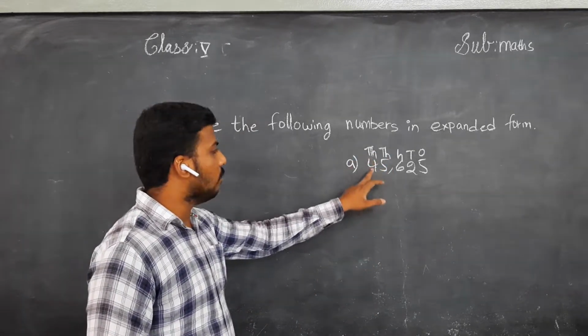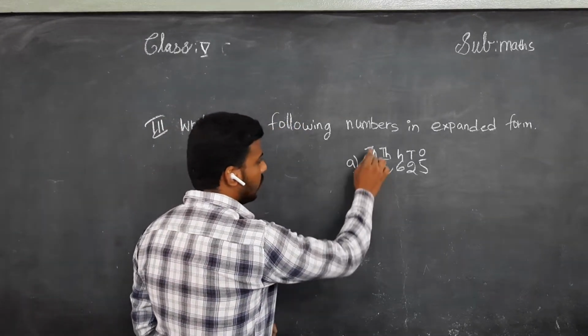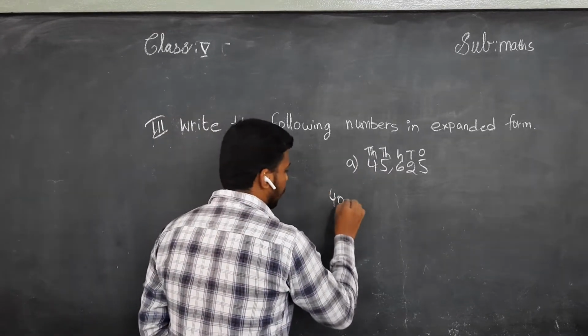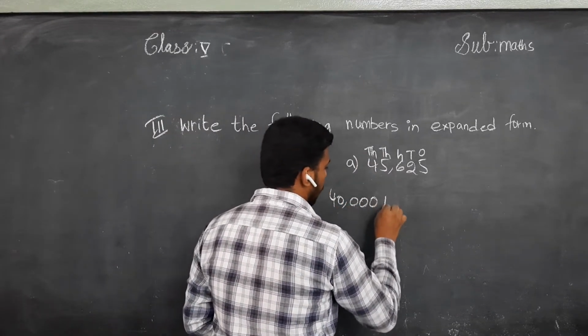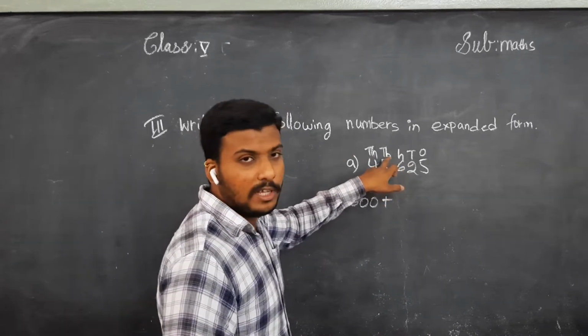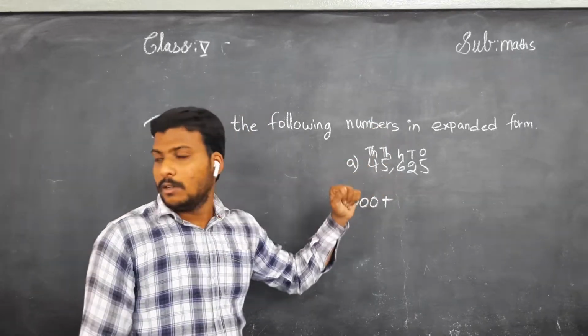In the place of 10,000 we have the value 4, means 4 into 10,000, how much? 40,000. Then the next digit, in the place of thousands we have the value 5. So 5 into 1000, how much? 5,000.